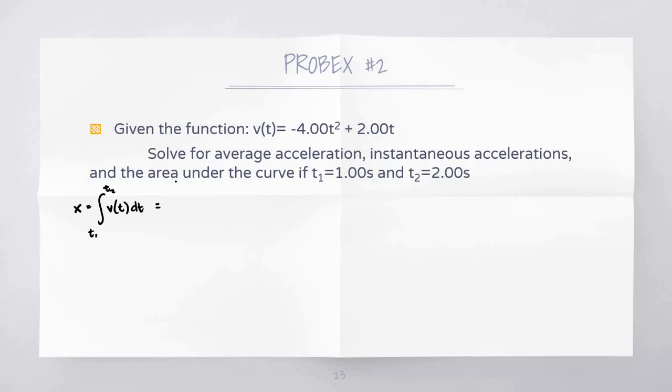This gives us the integral of negative 4t squared plus 2t dt with limits from t sub 1 to t sub 2.